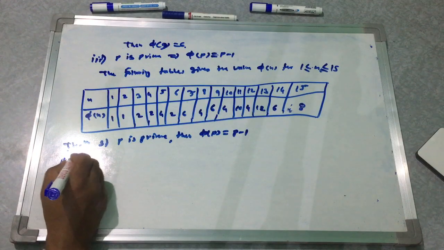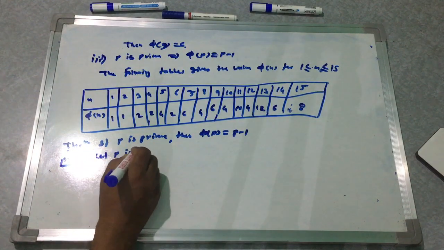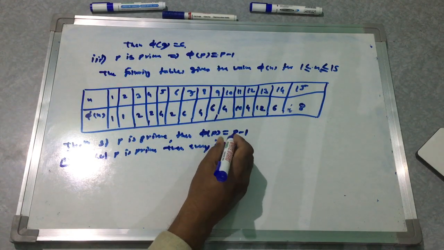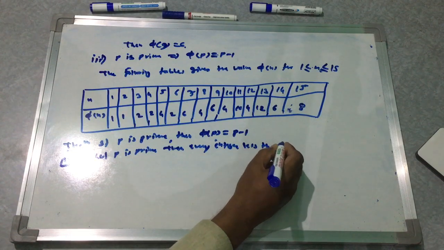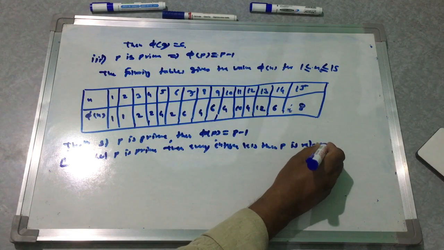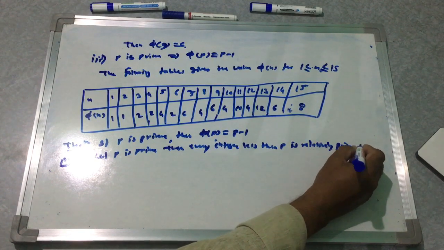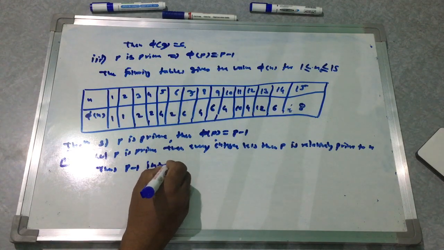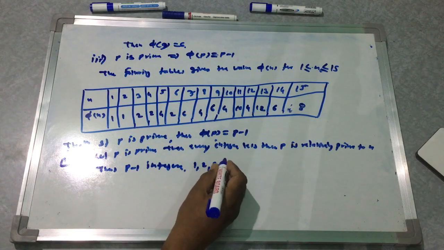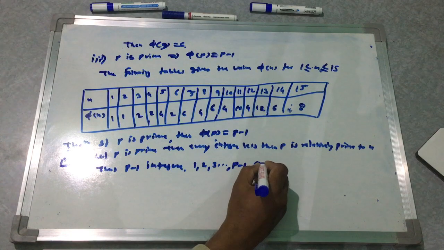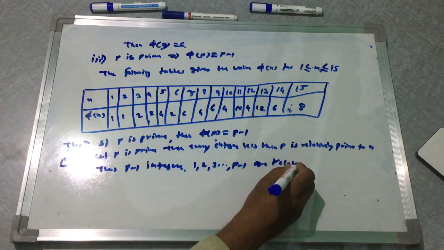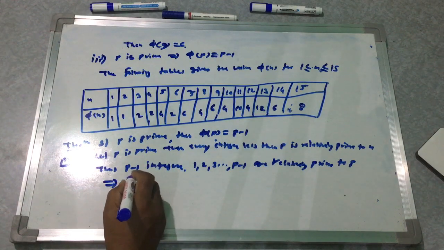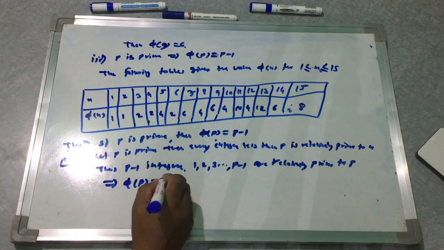Proof for this: we have to just note P is a prime, then every integer less than P is relatively prime to P. Thus the P minus 1 integers, that is 1, 2, 3 up to P minus 1, are relatively prime to P. This is equal to phi of P is equal to P minus 1.